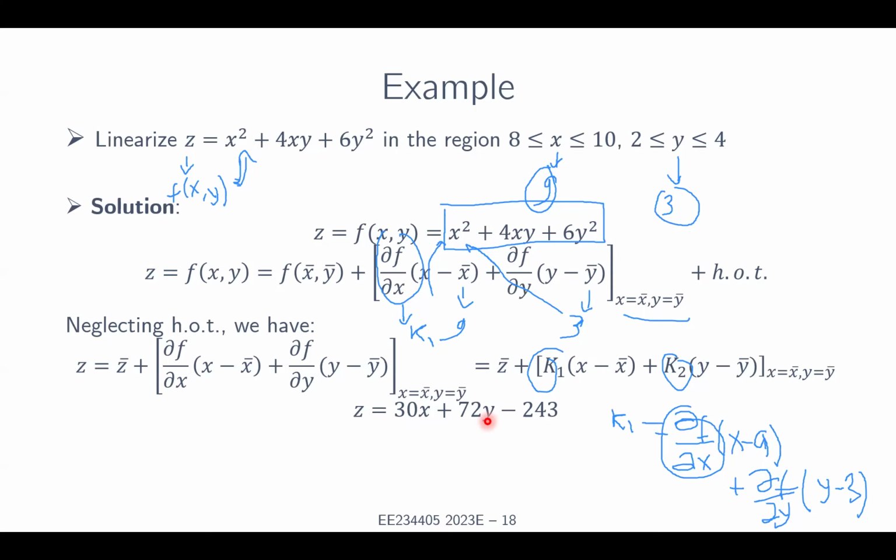We cannot draw this function in a two-dimensional way as we previously did. But since this is a three-dimensional function, it should be like a straight line across a certain value of x and y, at this point, 9 and 3.